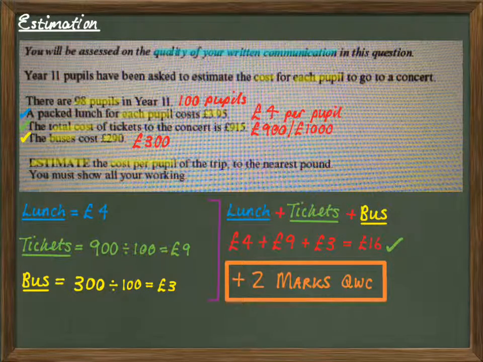Last thing then, as I've said, this question I think was out of 7. So for getting to the £16, you'd only get 5 marks. No matter how good that was, you have to have your QWC in there to get the full 7 marks. It's always the last 2 marks of the question, okay? So again, go on, annotate as you go in, highlight, think about it sensibly. It is a real life problem, and remember to put your QWC in at the end.